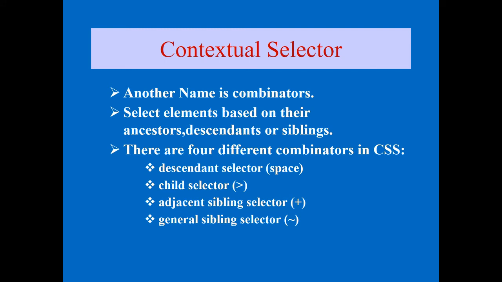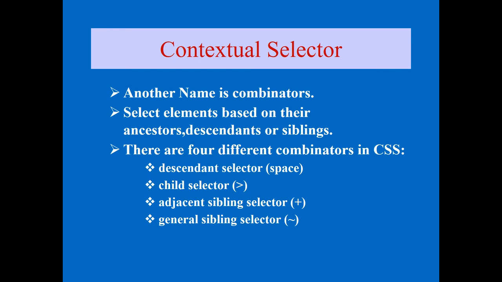Coming to the next one, that is called the contextual selectors. Another name of this selector is combinators. This kind of selector is based on ancestors, descendants or siblings. Based upon this only we can create the contextual selectors. There are four different combinations in CSS, along with their symbols.